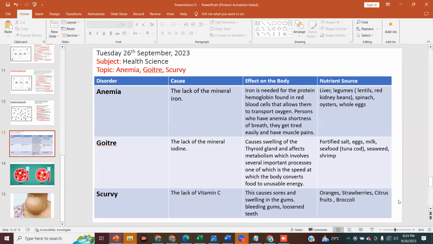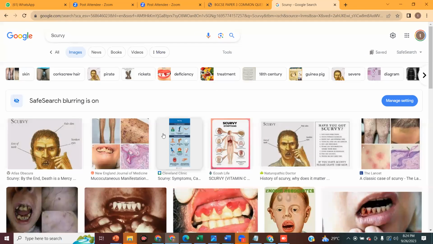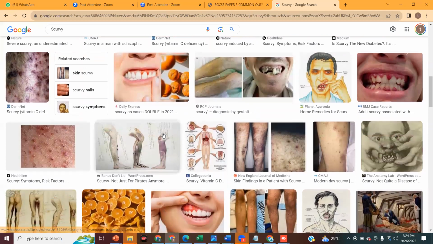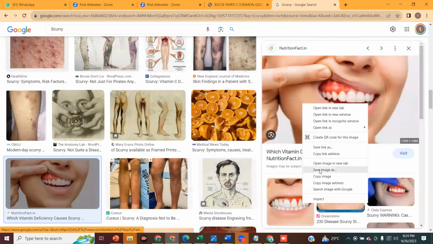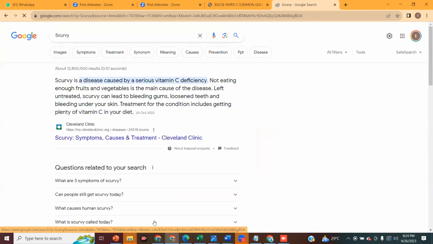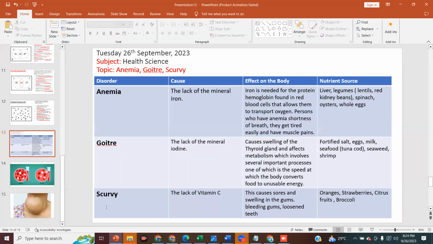So we did it finally. We covered the three. Sorry, let me just get one picture of scurvy. Oh boy, I don't know which one to pick. They don't even look that bad. Well, yes, it does.